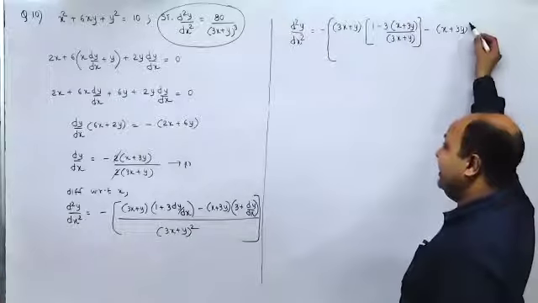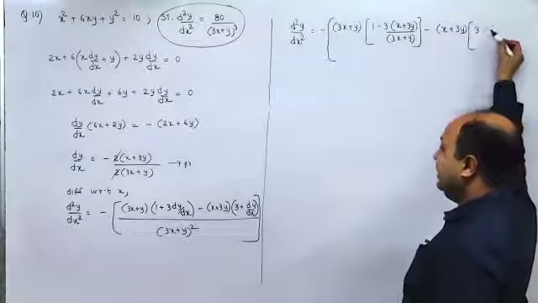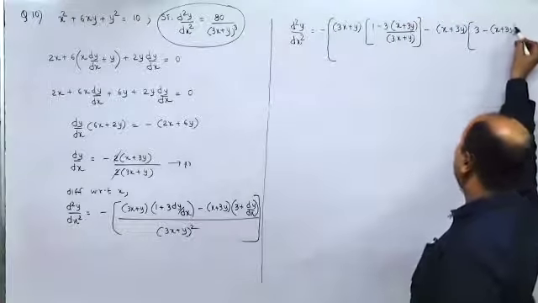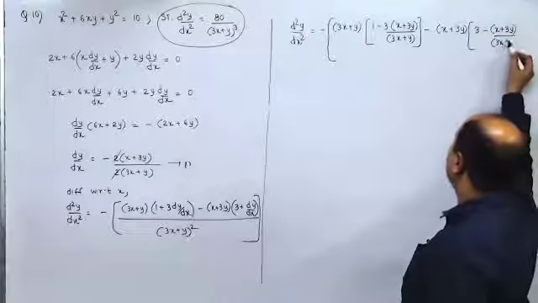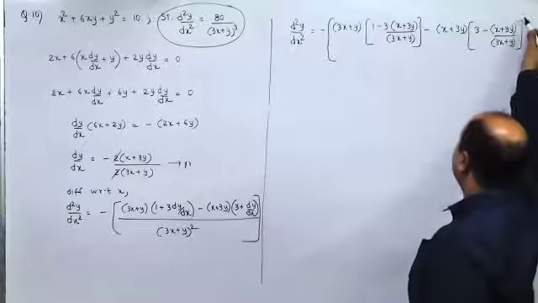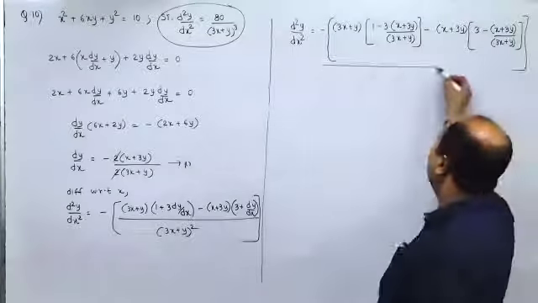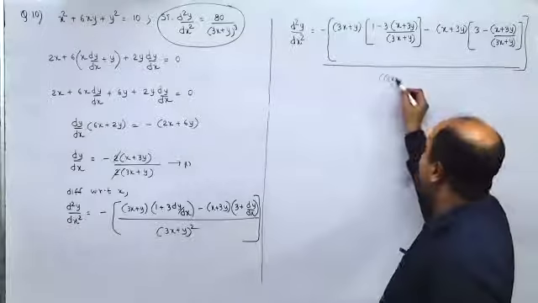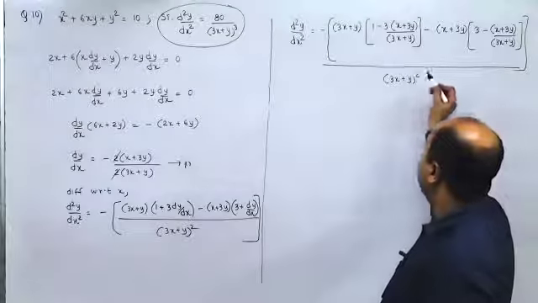So (x plus 3y) times (3 plus dy by dx), so it is minus (x plus 3y) upon (3x plus y). This is (3x plus y) the whole square.